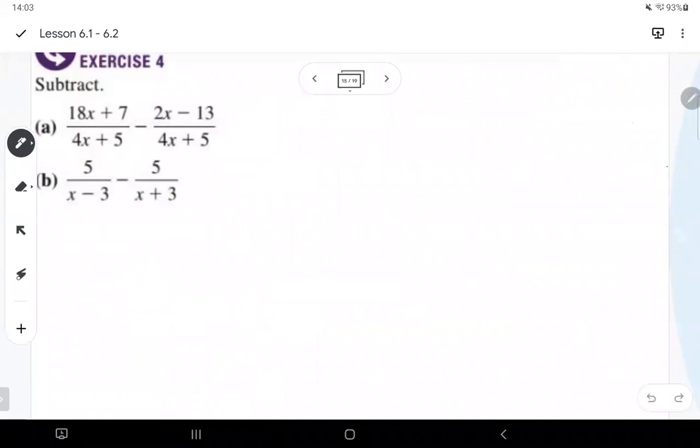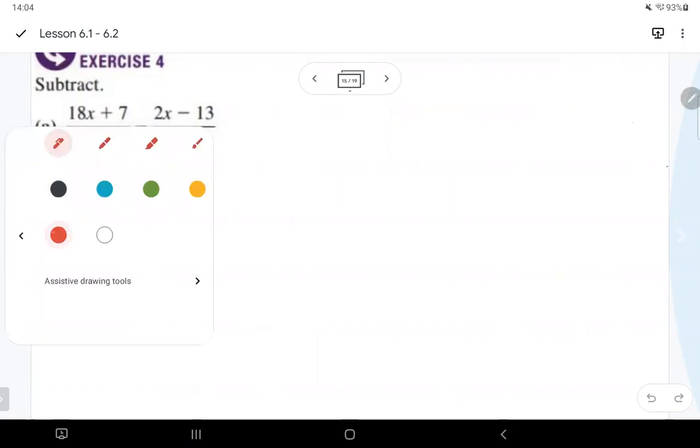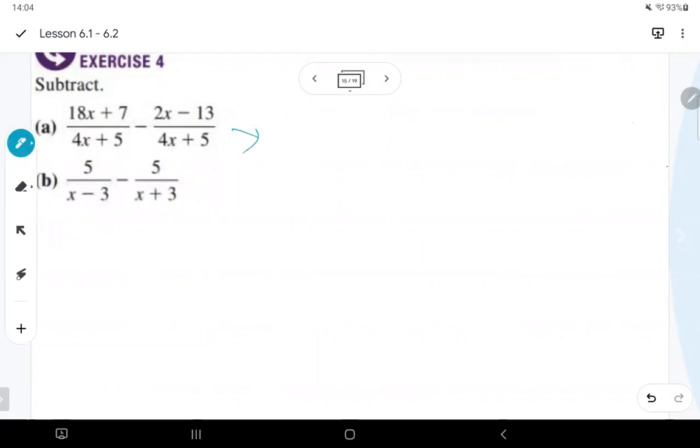All right, next one is a little bit nicer for A because it gives us a nice common denominator. So all we're going to have to do is combine like terms. Remember, when you have this negative here, it goes to the whole entirety of the second fraction.